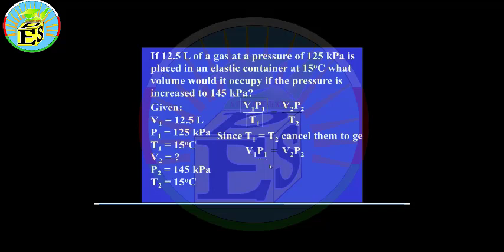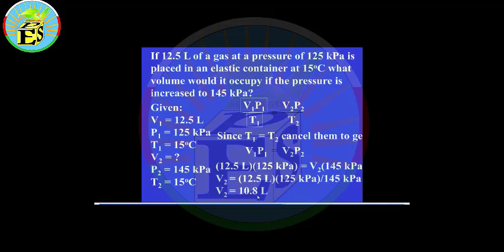After that I substitute V1 equal 12.5 liters and P1 equal 125 kilopascal, V2 I don't know, and P2 equal 145 kilopascal. By dividing by 145, I will have V2 equal 10.8 liters.